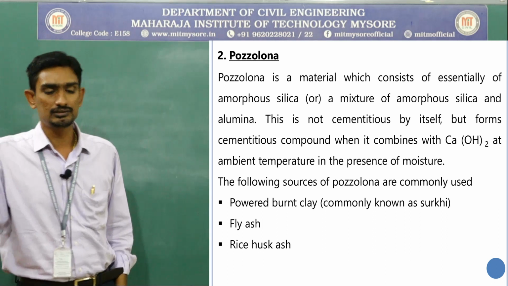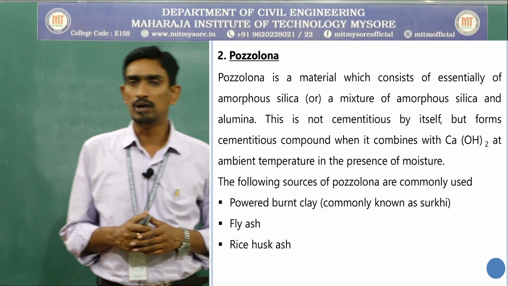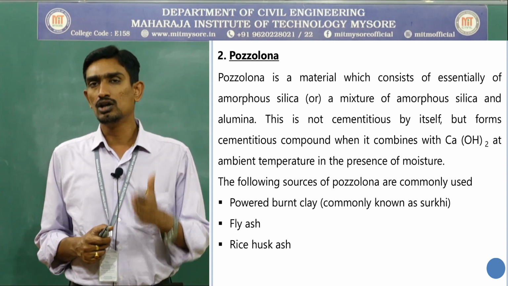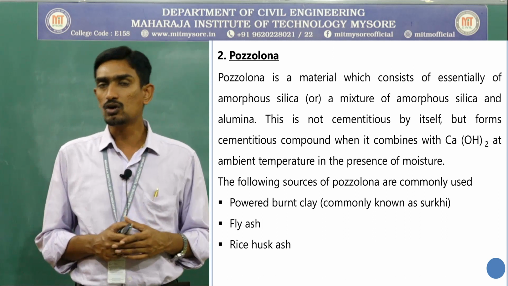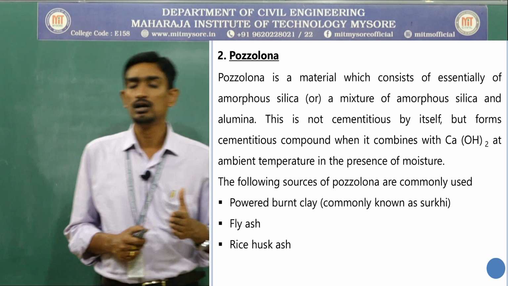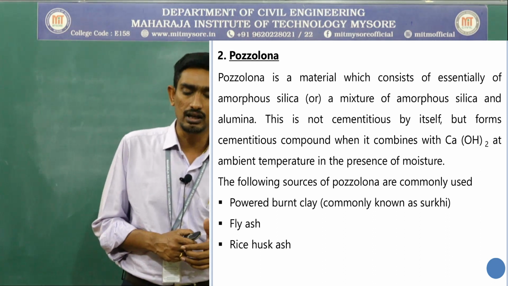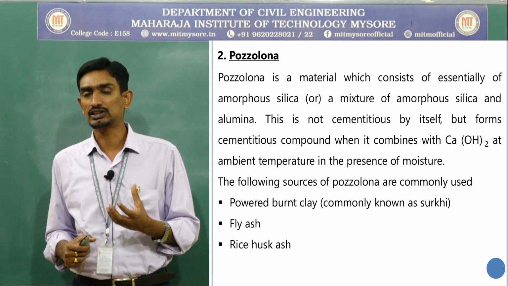Next, fly ash. I think I have mentioned this. Fly ash is a material that we obtain after burning coal for the production of power. By burning the coal to a temperature of 1000 to 1500 degrees, we obtain a product called fly ash.